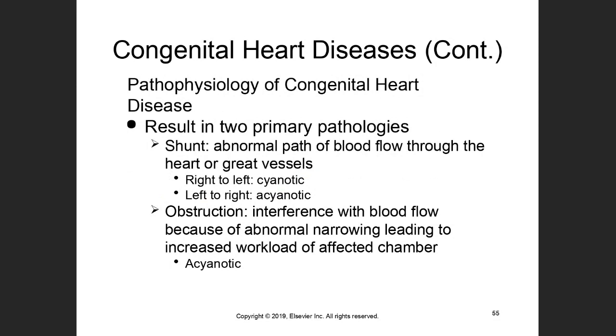Shunts is when you have communication between one ventricle and the other ventricle, or one atrium to another atrium. Right to left is cyanotic; cyanotic means that the baby is like blue. Normally, newborn babies are pink. That's the normal color of the newborn baby, pink.